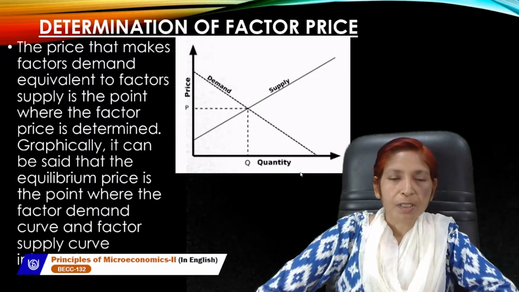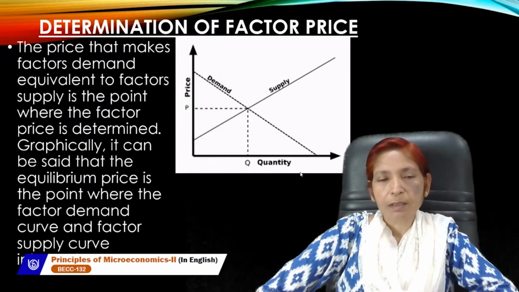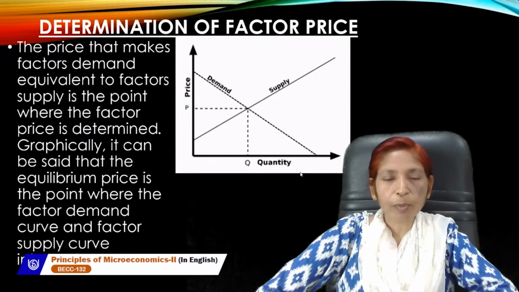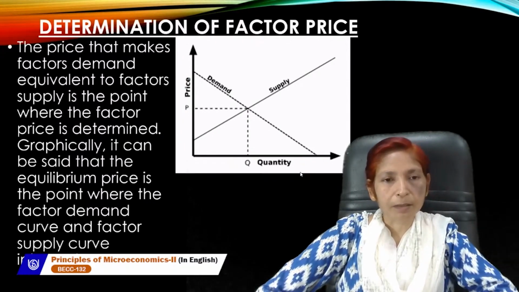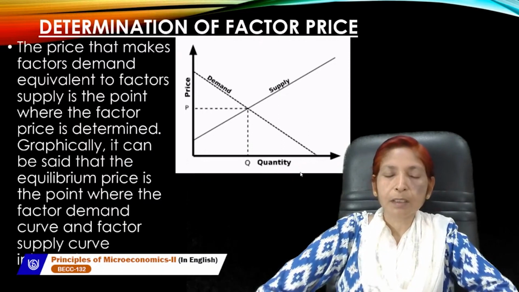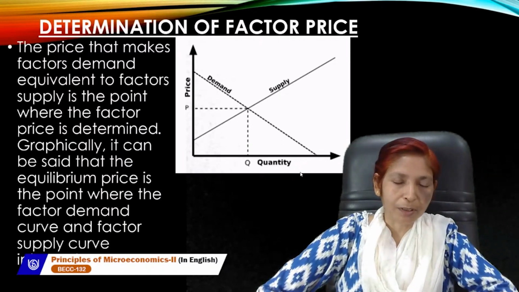Same as commodity demand, here the factor demand curve is also a downward sloping curve, which shows an inverse relationship between price and factor demand. If factors are available at a higher price, the producer will demand less of the factors of production.